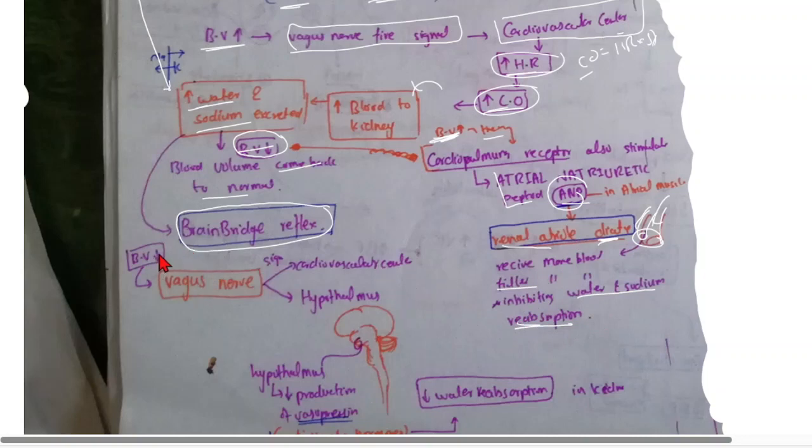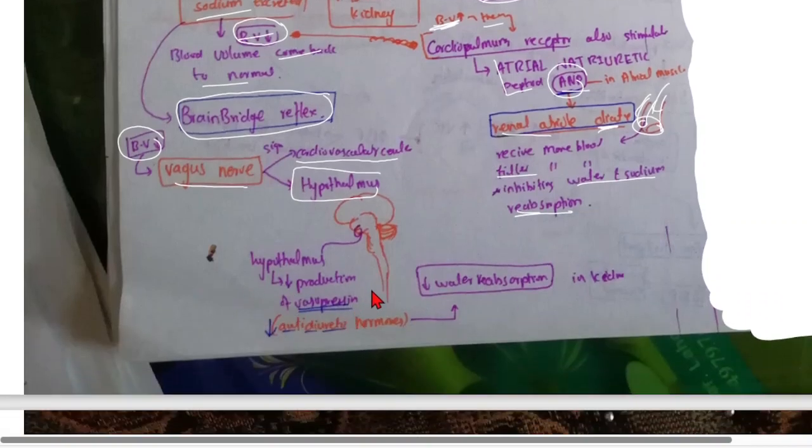The next thing: for example, blood volume decreases. The vagus nerve fires and sends the signal toward the cardiovascular center and hypothalamus. As a result, what does the hypothalamus do? The hypothalamus decreases the production of vasopressin, and vasopressin is actually antidiuretic hormone.